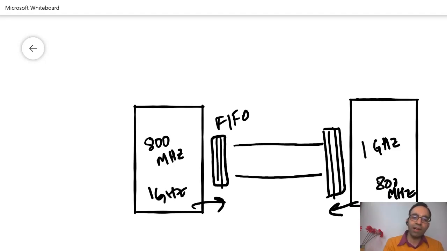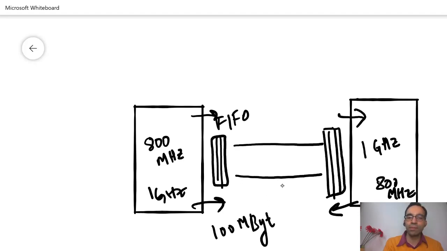Typically, this activity factor is of the order of 0.1, 0.2 at most. So you consider this probability factor, and then you say, if I'm transmitting at 1 gigahertz with an activity factor of 0.1, I will have 100 megabytes of data to be sent per second.